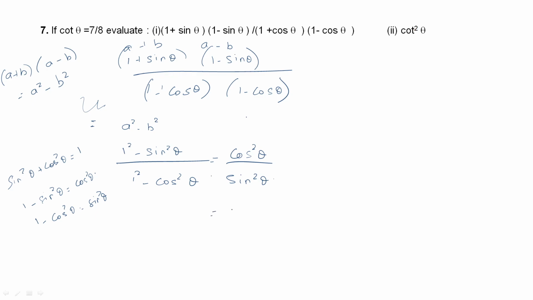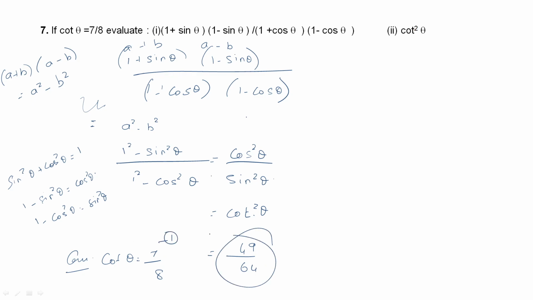Cos by sin is cot. Cot square theta. What is given? We are given cot theta, given cot theta is equal to 7 by 8. So what will be cot square theta? Which will be 49 by 64. Right? So this is the answer.